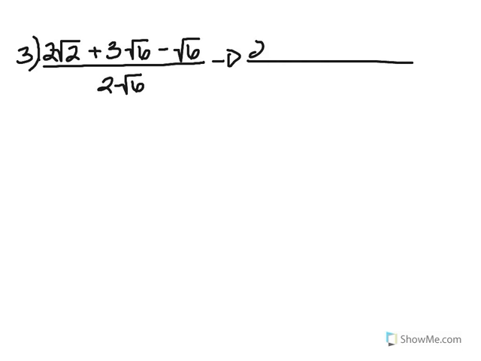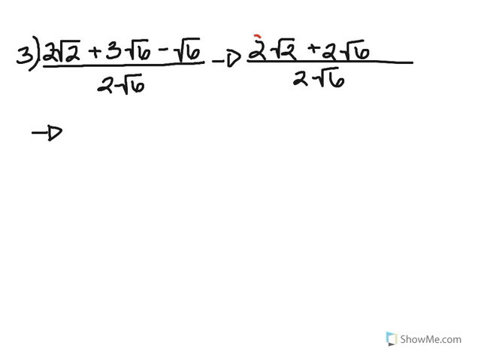So 2 square roots of 2 is not going to be able to combine with anything, so I'm just going to keep it here. Now I have 3 square roots of 6 minus 1 square root of 6, which gives me 2 square roots of 6. And this is all over 2 square roots of 6. Now, just like what I've been telling you recently when we've been doing our trig proofs, if there is something in common between all three terms or all of your single terms, then you can take them out.